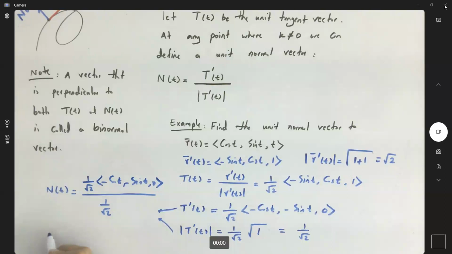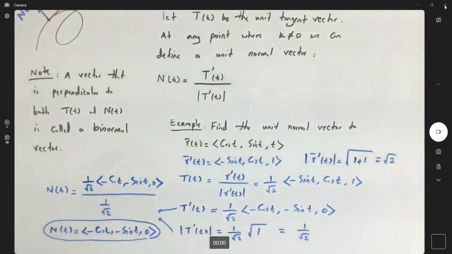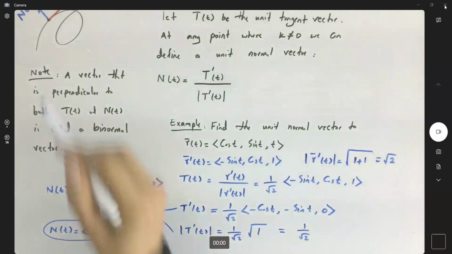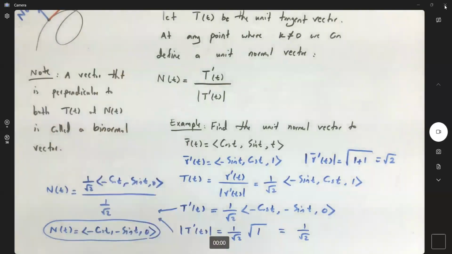Well, the result, N of t, is the vector negative cosine t, negative sine t, and 0. Now, at each different t value, we can find this vector, which is perpendicular to the curve.